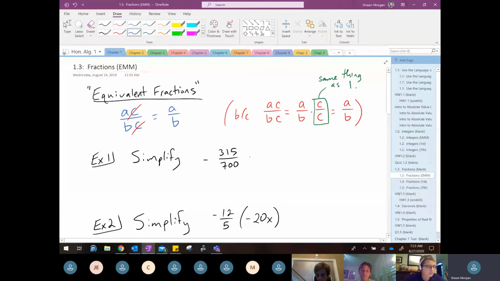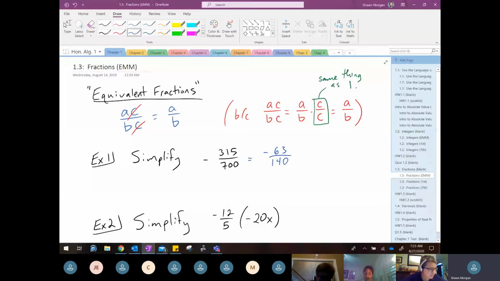Okay, so we see that, and then we divide that out. So if I were to rewrite this one, I got my negative sign, and dividing it by 5 looks like 63 on the top, and dividing that one by 5, I think it's 140, if I'm doing that correctly in my head, because 5 times 40 is 200, 5 times 100 is 500, 200 and 500 makes 700. There we go.